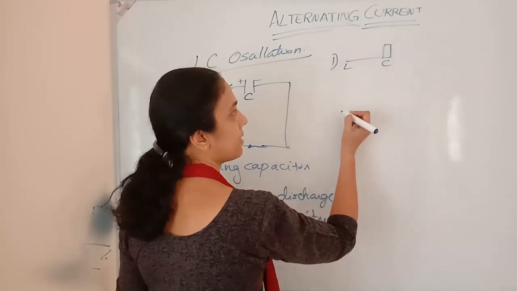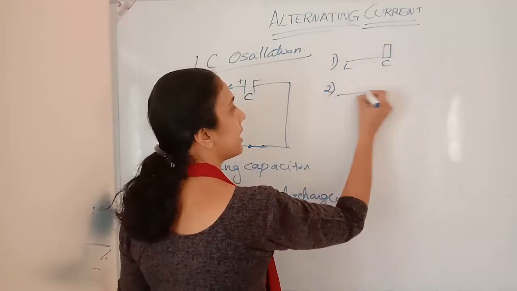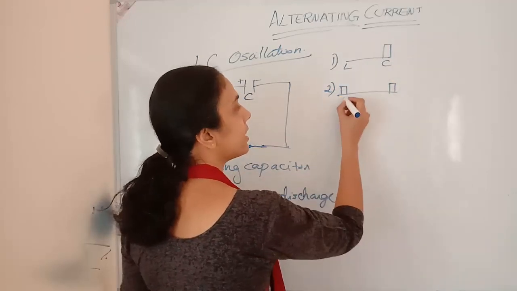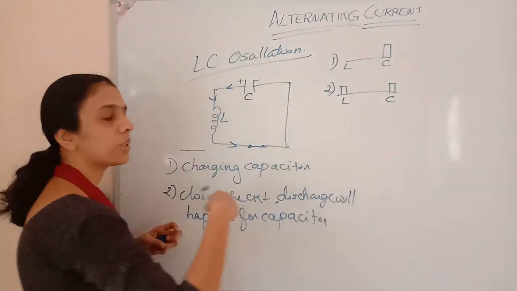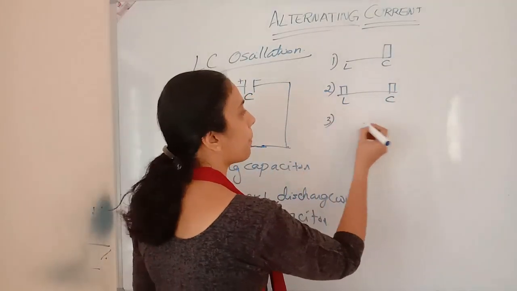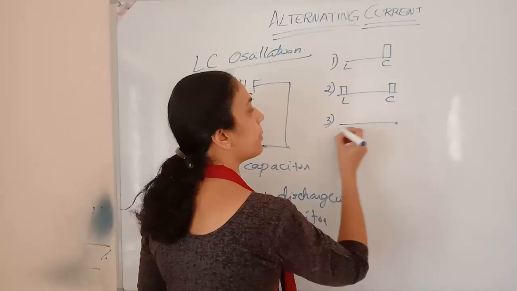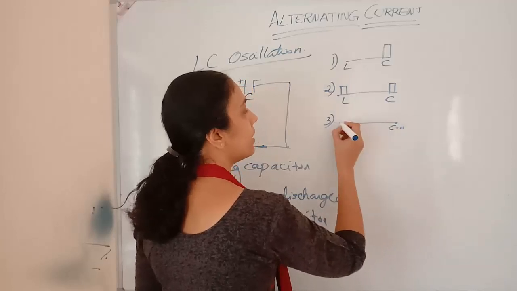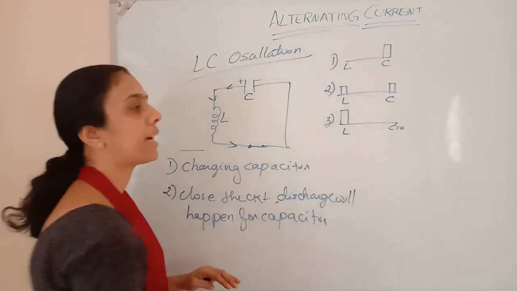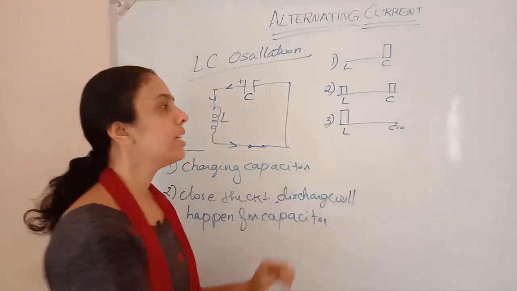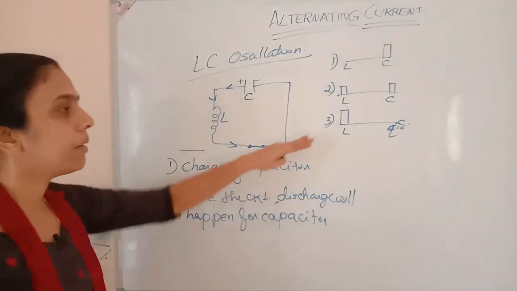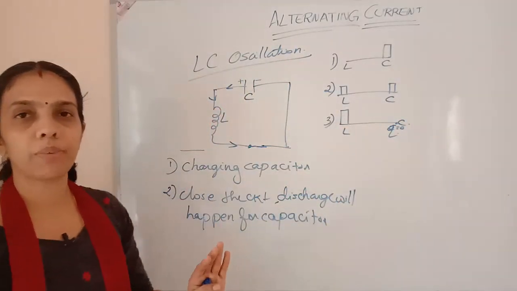In the next stage, the capacitor charge is decreasing and the inductor is also getting charged. Afterwards the charge in the capacitor becomes 0, and the inductor gets the maximum value.